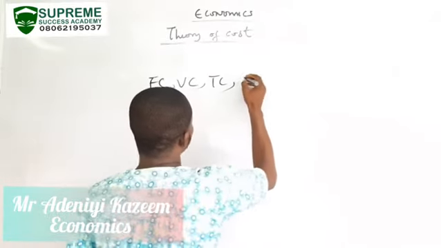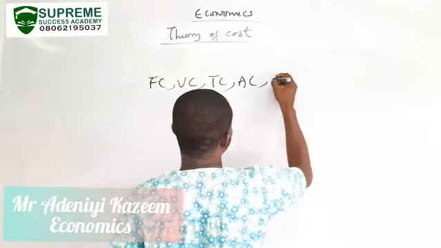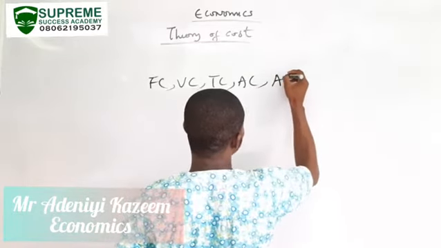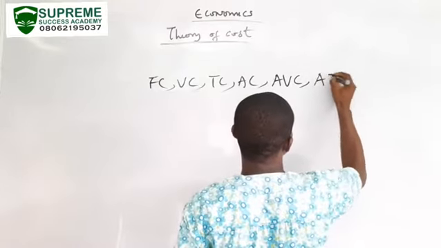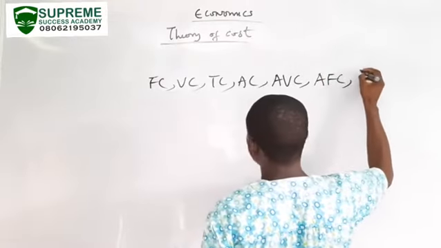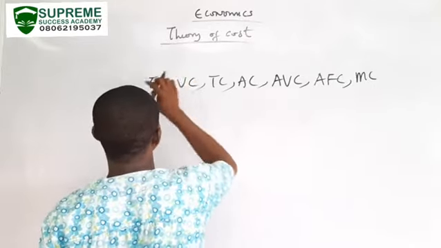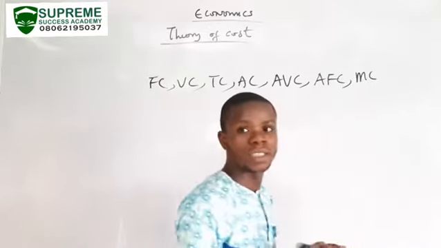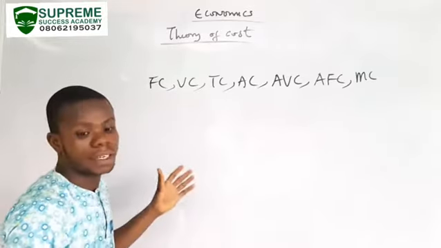I was able to touch average cost, average variable cost, average fixed cost. At the same time, I was able to touch marginal cost. 1, 2, 3, 4, 5, 6, 7. Yes, I was able to touch 7 basic cost concepts.